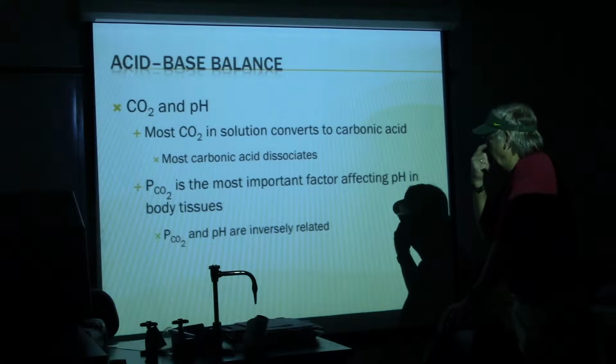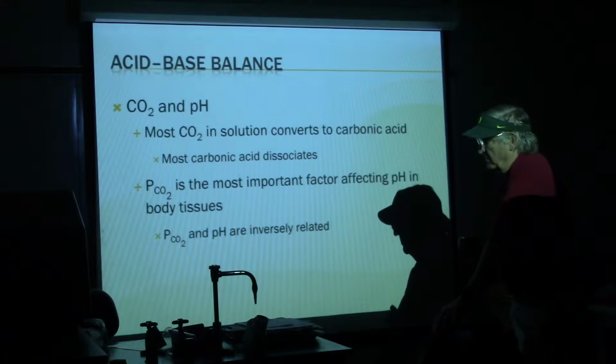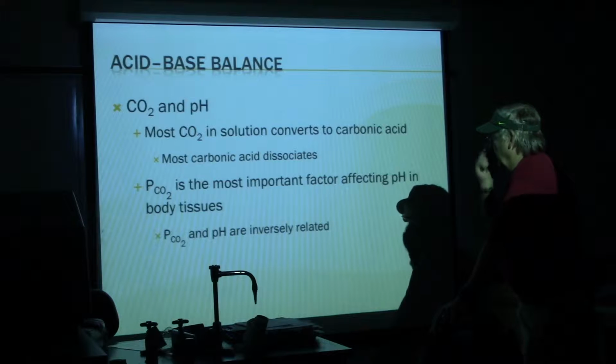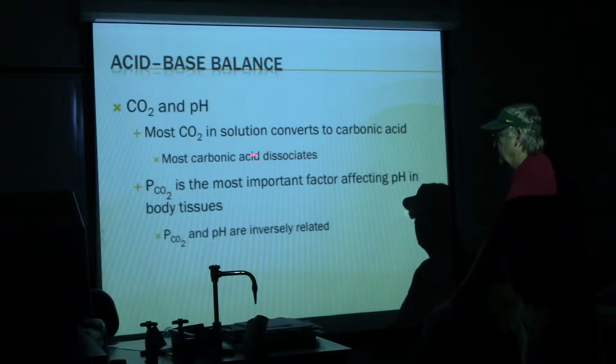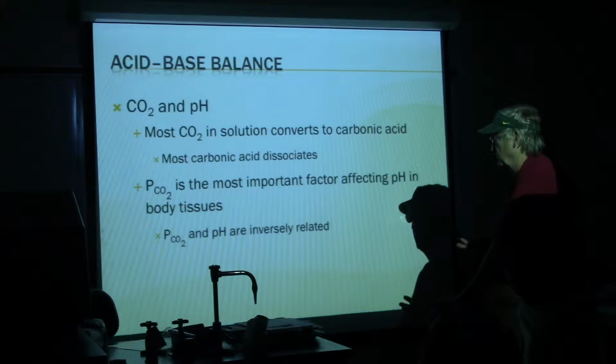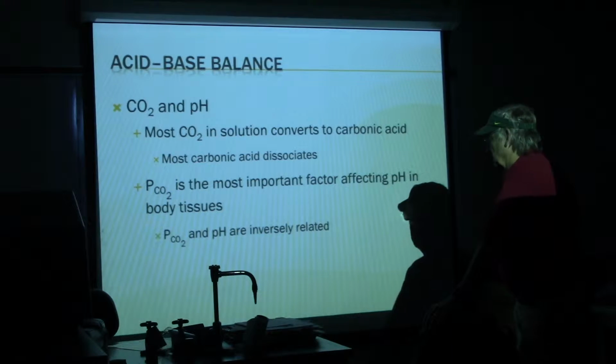CO2 is probably our biggest controller of pH, especially in the short run, because we know that the PCO2 very quickly converts to carbonic acid. Most of the carbonic acid dissociates into CO2 and bicarb, and then the CO2 can be expelled.